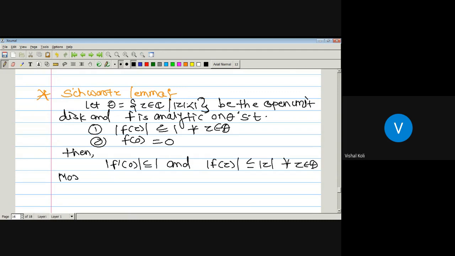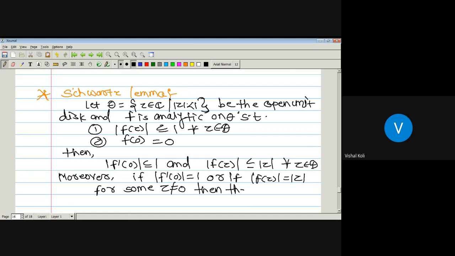Moreover, if modulus of f dash of 0 is equal to 1, or if modulus of f of z is equal to mod z for some z not equal to 0, then there is a constant capital C such that modulus of C is equal to 1, and f of w is equal to C into w, for w belonging to this theta.